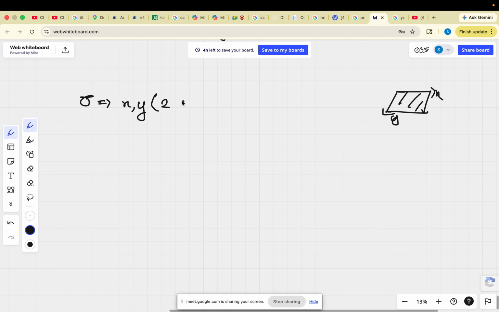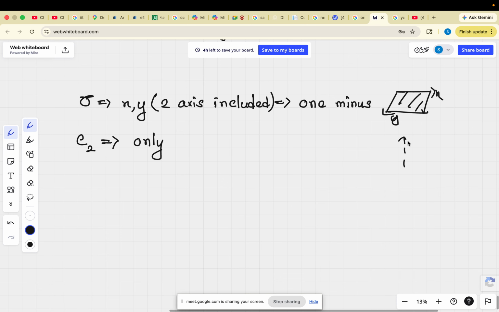That means two axes are included, and here you will get 1 minus. Now suppose I have a C2 axis. I can mention it through the Z axis, X axis, or Y axis, anything.